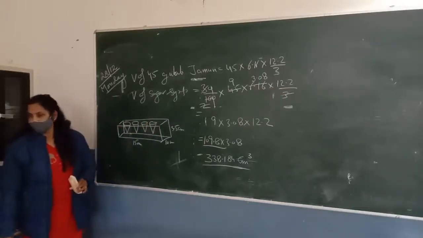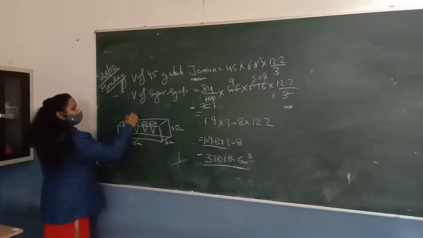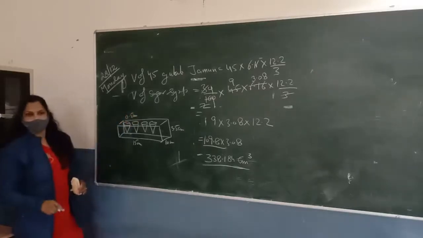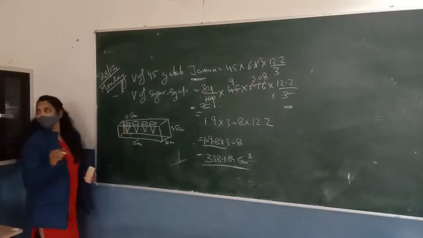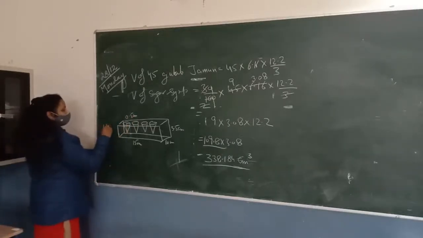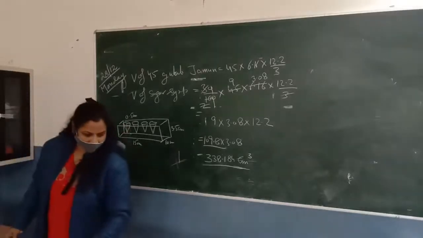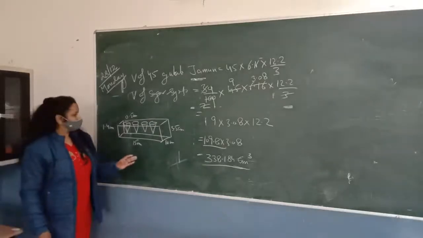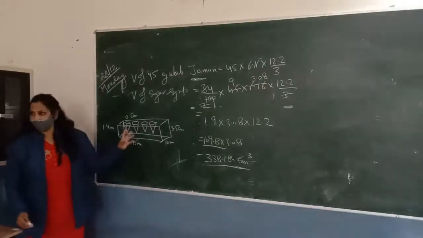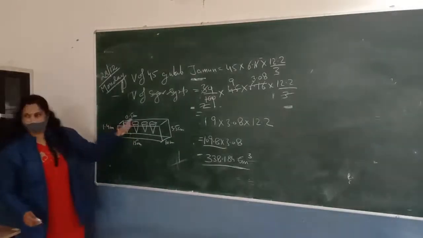The radius of each conical depression is 0.5 centimeter, and the depth is 1.4 centimeter. Thank you, Ram. Sit down, please. Now you have to find the volume of the wood used in this stand. So, Anchal, how can you find the volume of the wood which you use in this cuboidal pen stand?